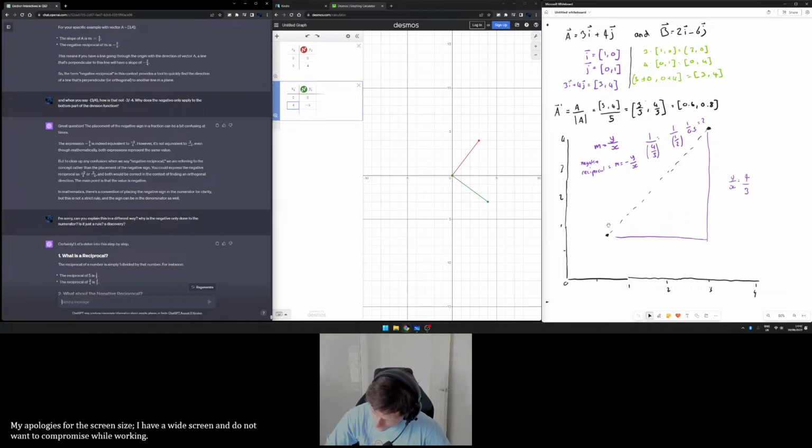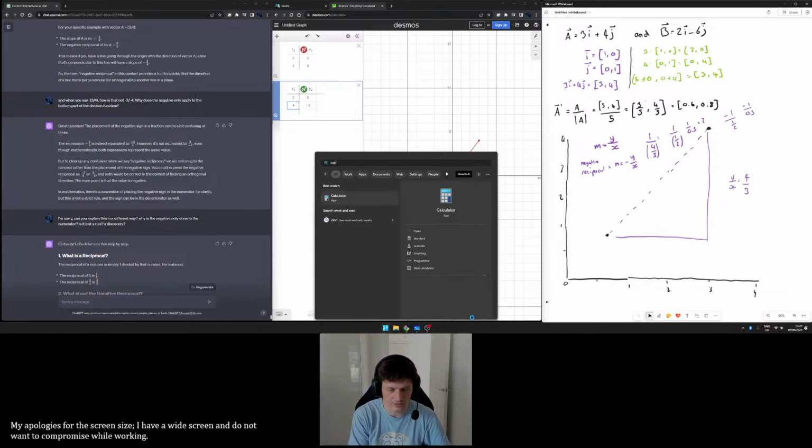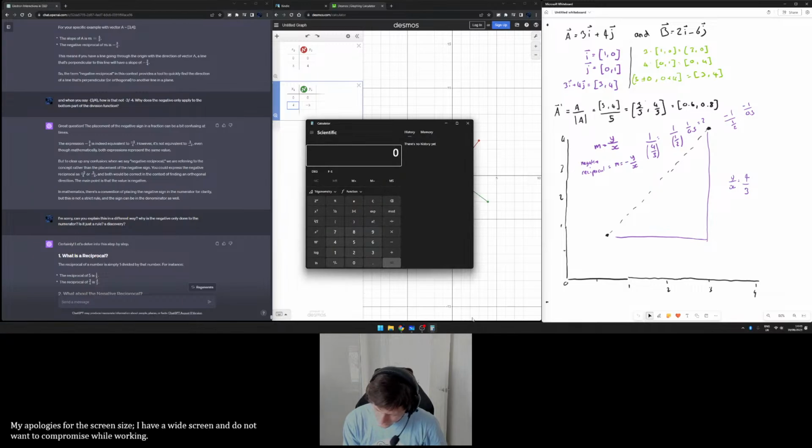Because 1 divided by 0.5 is 2, if I do negative 1 divided by a half, it's negative 1 divided by 0.5. Does that equal negative 0.2? Negative 1 divided by 0.5 equals negative 2. Okay, I see.